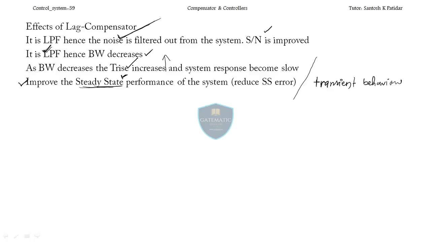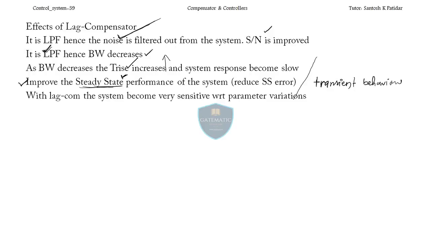So the transient behavior is less important than steady state performance, and the steady state performance is going to increase by the lag compensator. That's why note down one thing: all practical control systems are low pass filters. They are not high pass filters. Note down this point.